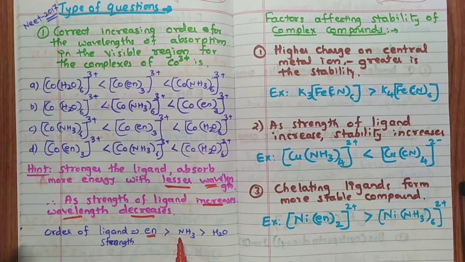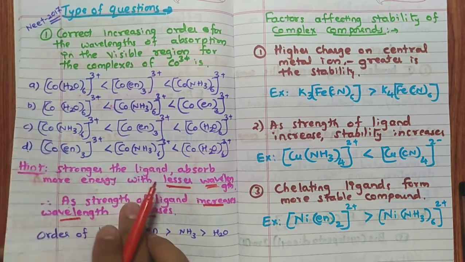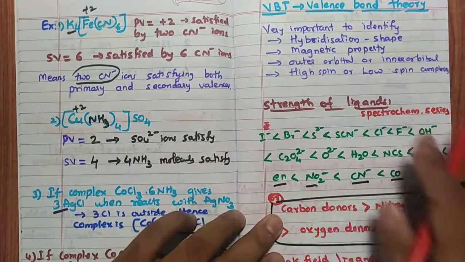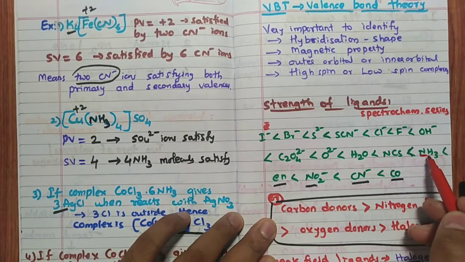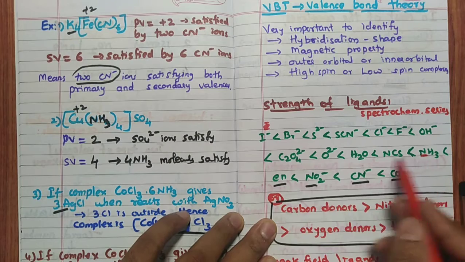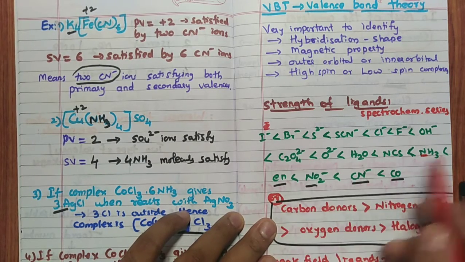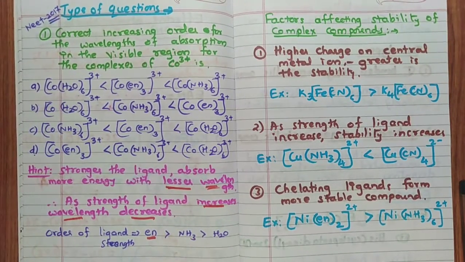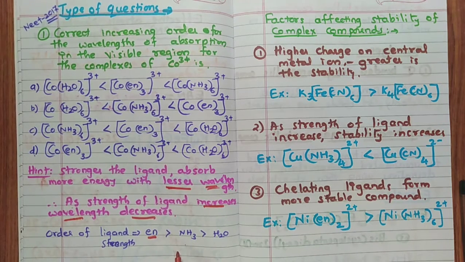Ammonia is a nitrogen donor, but ammonia is exactly in between. In the spectrochemical series, NH3 and above it is generally considered a stronger ligand, and below this it is considered a weaker ligand. So NH3 is less than en, so en is stronger. Correct? So remember, en is stronger than NH3, which is stronger than H2O. This is the order of strength of the ligands.